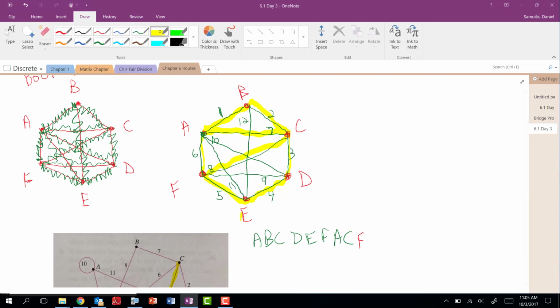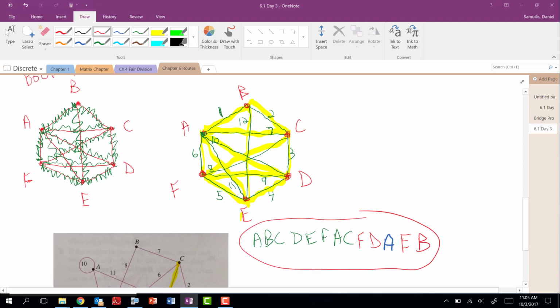I'm so confused. 9 is D. 10 is A. Why did he do that? 11 is E, and then B. And that is the listing of the vertices.